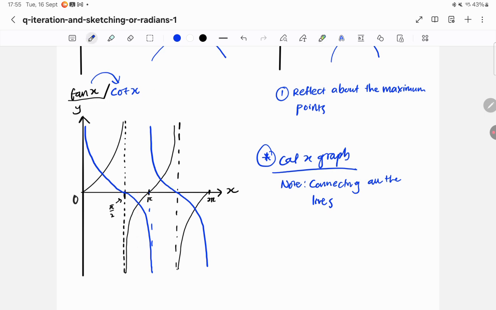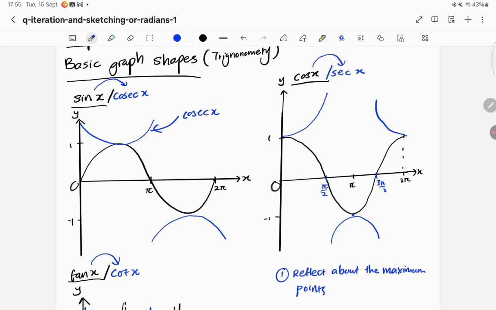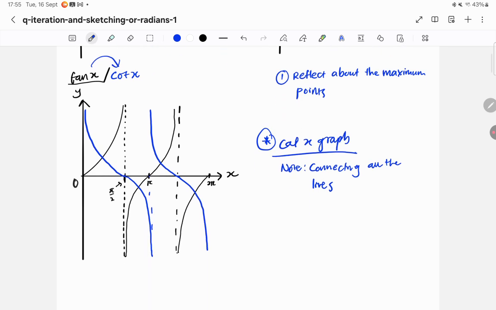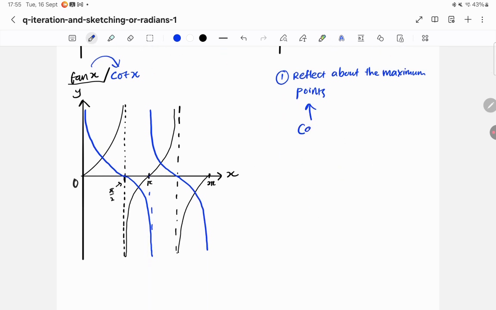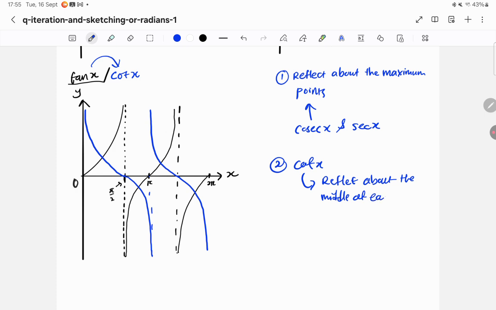So just for a tip, maximum points is for the cosec and secant graphs. However, for cot graphs, we're going to reflect about the middle of each tail.